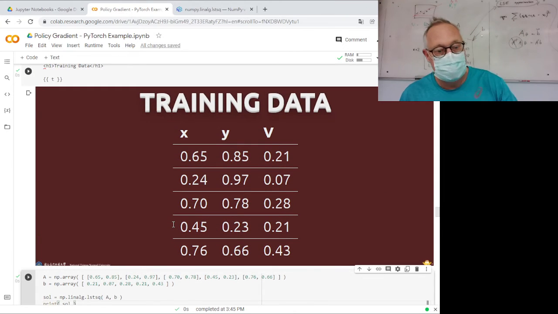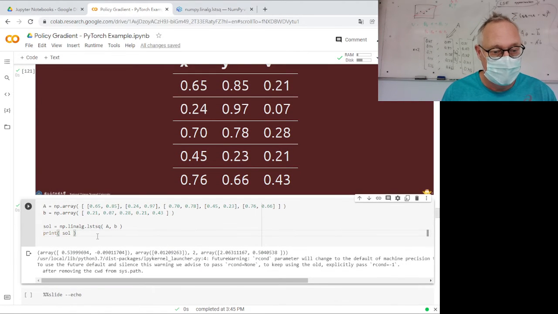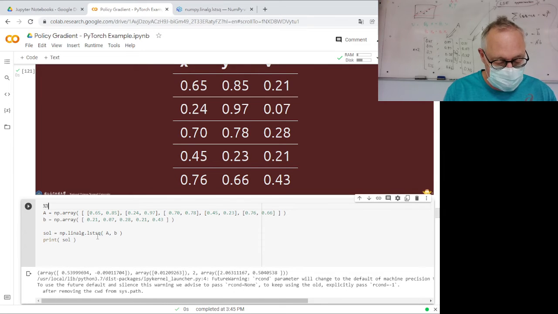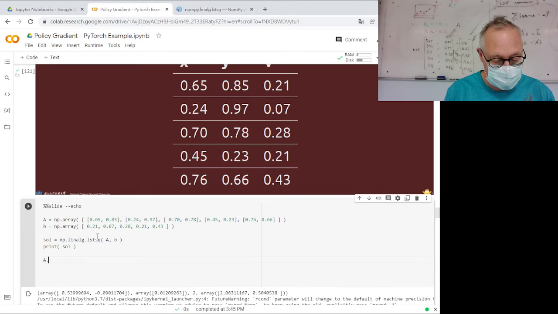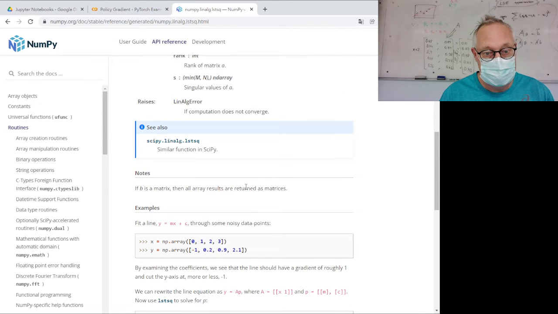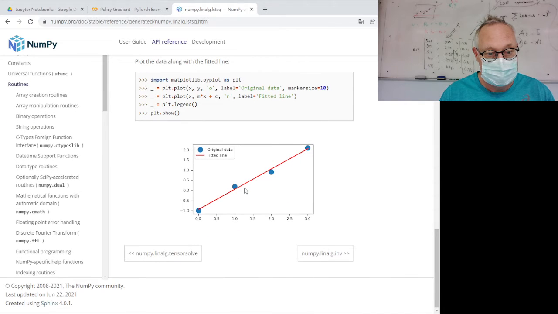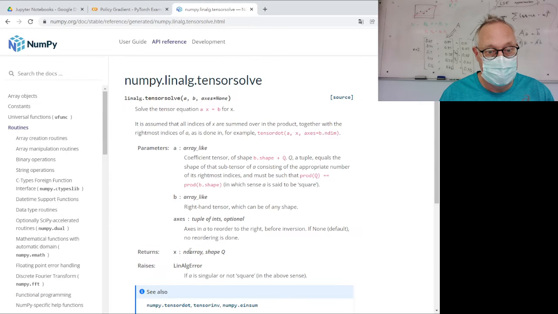So that's a standard approach. And there's also solve, LinSolve... there's a tensor solve even now.